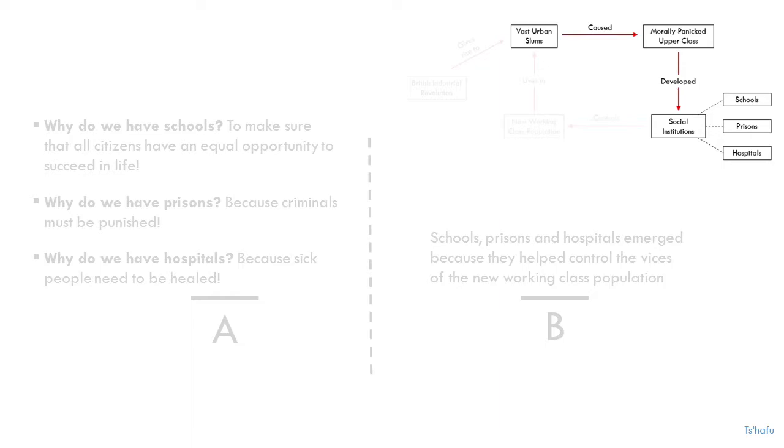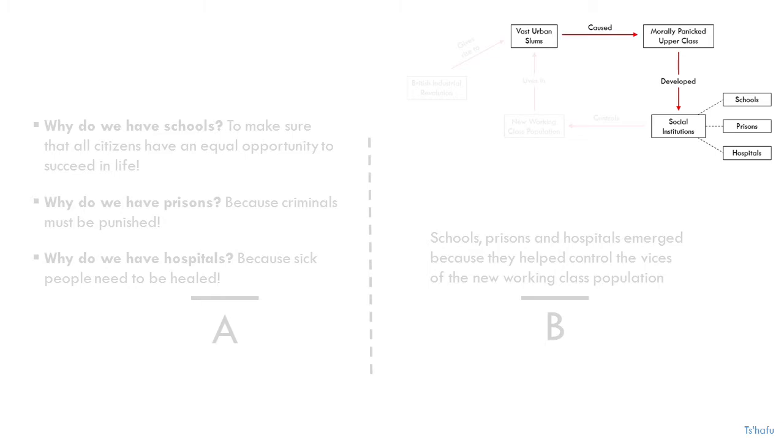Social institutions were not developed because of some kind of sense of justice or being a good Samaritan or any of these kinds of things. No, the author is saying that instead these things were developed because there was moral panic among the upper class. They're the ones who developed it because they were what? Abhorred by this thing called the vast urban slums.